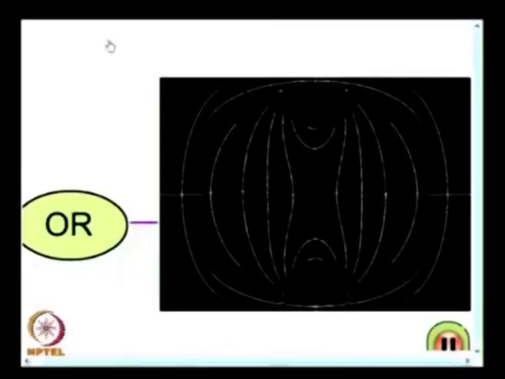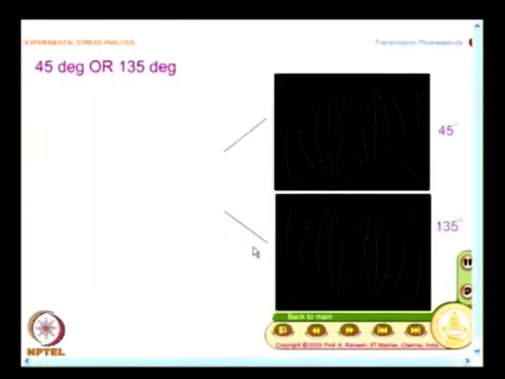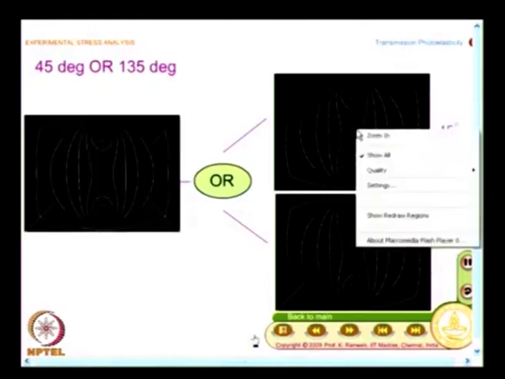So, we will go and see. This is the OR operation, 0° scan and 90° scan. With the OR operation, I have this fringe pattern. Now, I go and see the other orthogonal scans. I look at the 45° scan and 135° scan, and here again I will enlarge the picture.